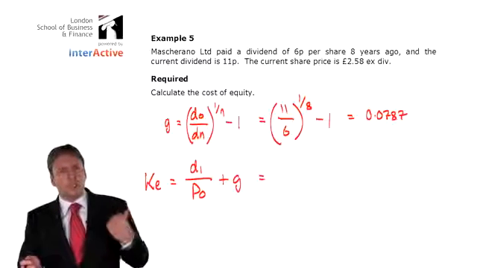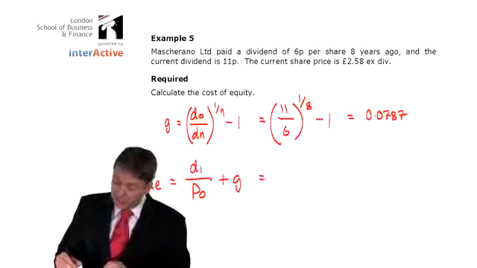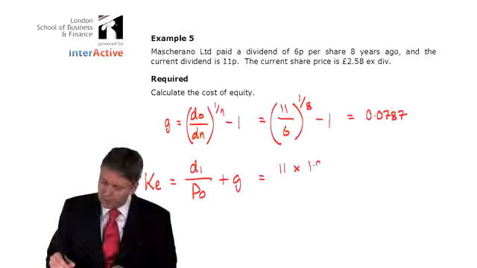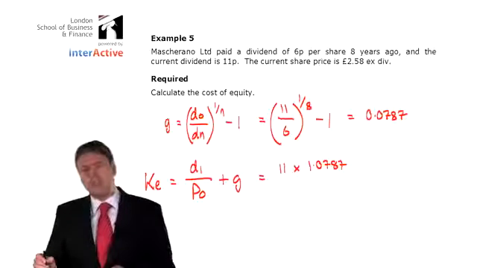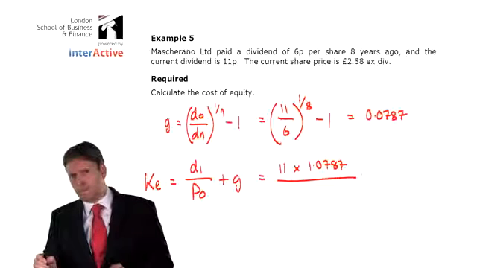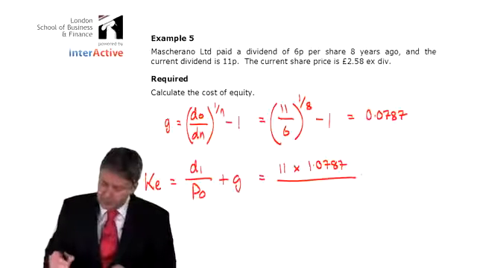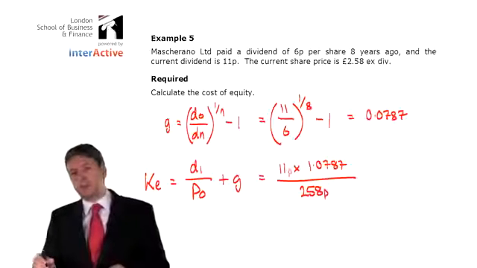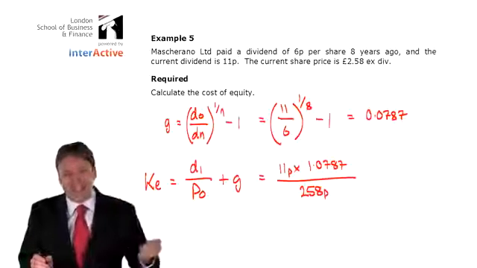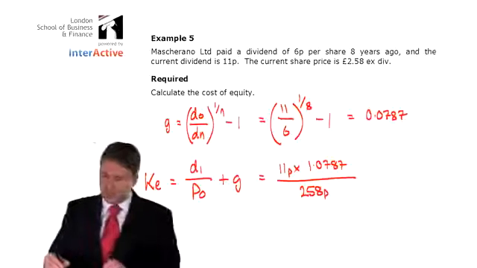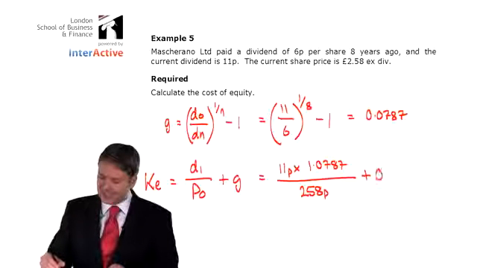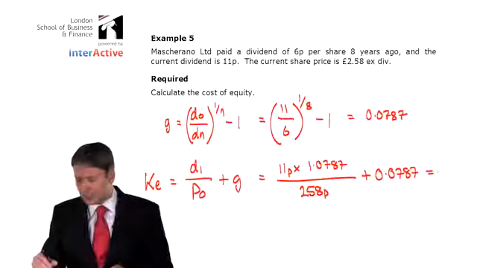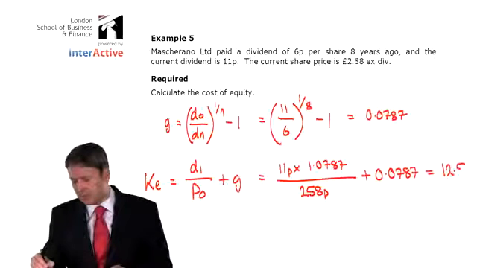The dividend in 1 year's time is going to be the current dividend, which we have, 11, multiplied by 1 plus the growth rate, 1.0787, divided through by P0. P0 we have up the top there, but remember, we have to express it in pence rather than pounds, cents rather than dollars. Then we add the growth rate, 0.0787, and hey presto, what do we get? Well, we get something like 12.5%, maybe slightly less.